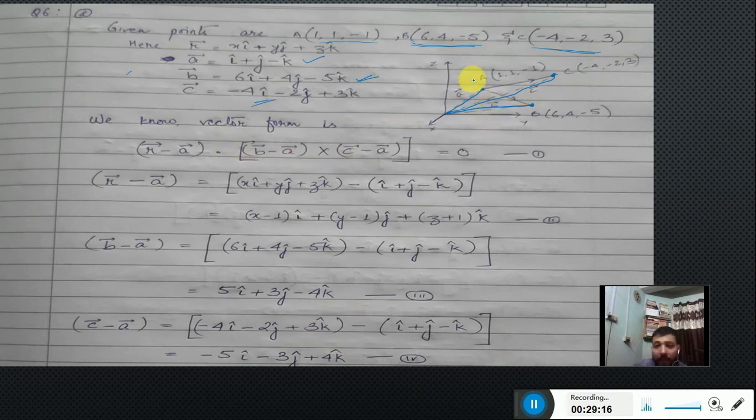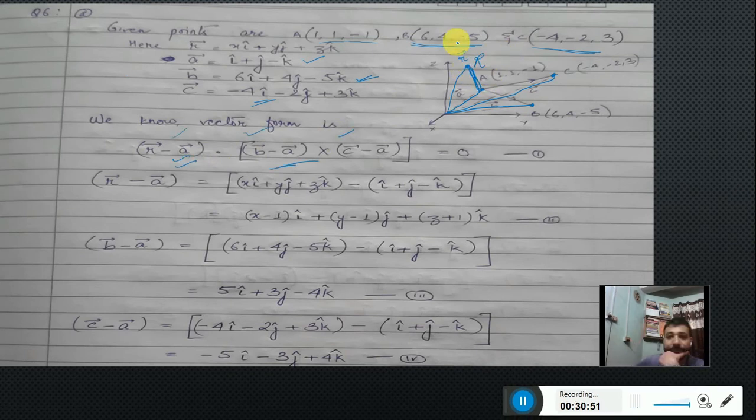Now look at this. R will be some random point, so this is my position vector r. So r minus a is easily found: r vector minus a vector, you'll get this. Then you find b minus a. After doing this we will get one vector.